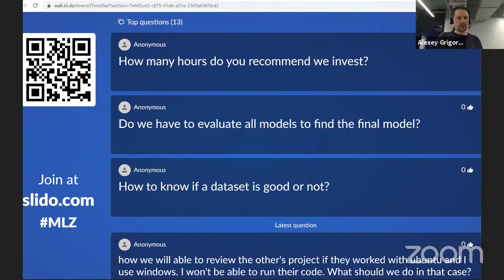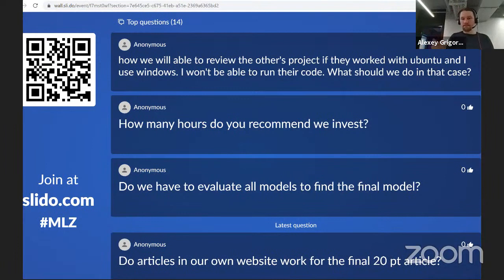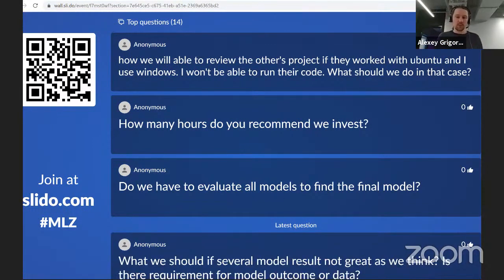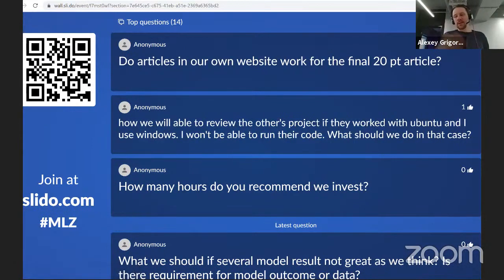What else is there? Basically, if you do all that, you're good. If you want to spend more time, do it by all means. If you satisfy the requirements, you will get enough scores. Don't worry.